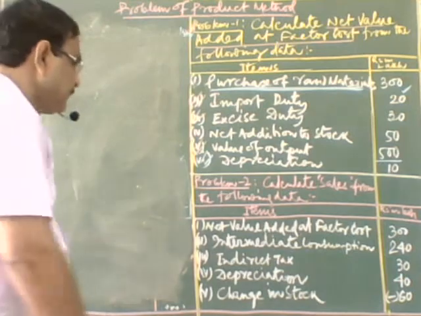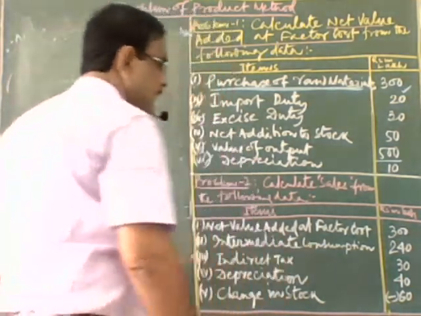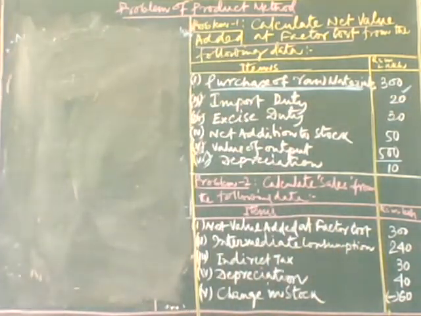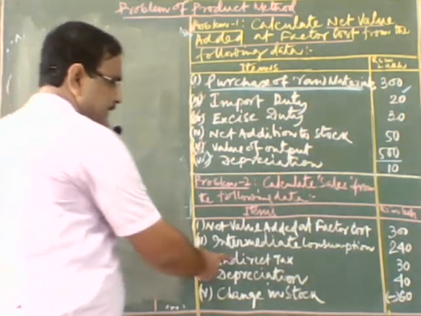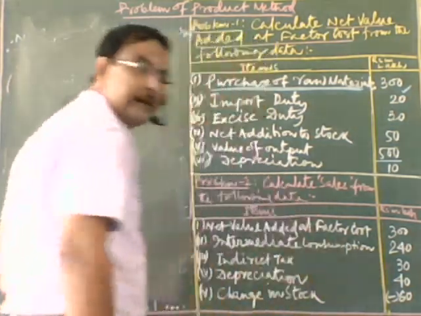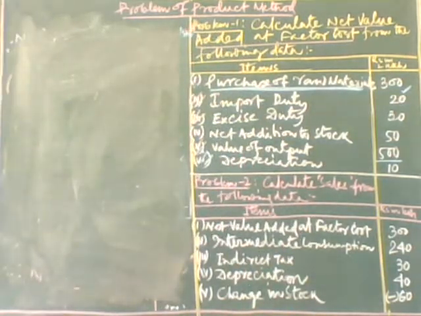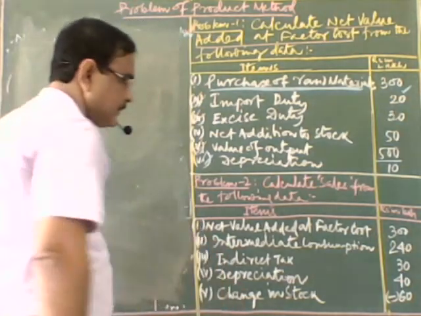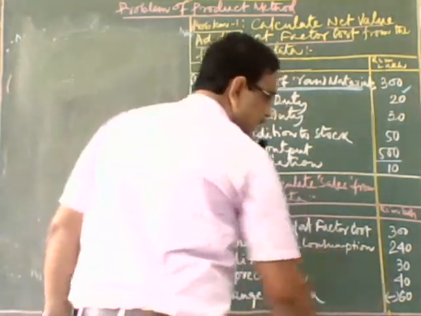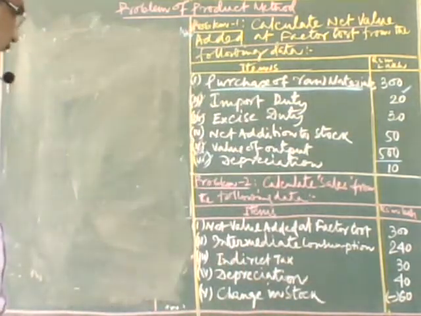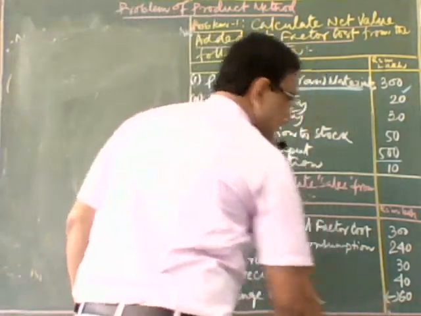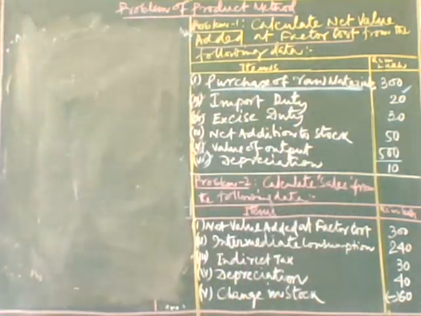Item number 2, intermediate consumption. That value is 240. Number 3, indirect tax. That value is 30. Number 4 is depreciation. That value is 40. And the last item, change in stock, that value is minus 60.